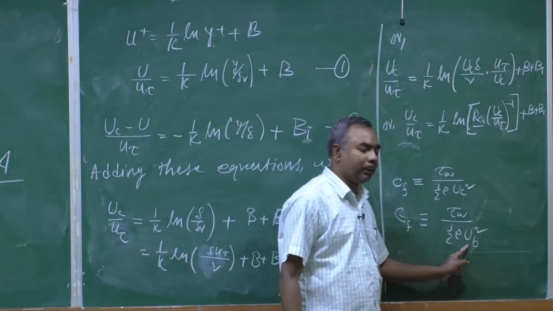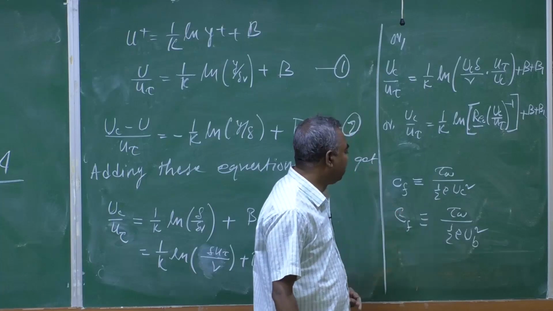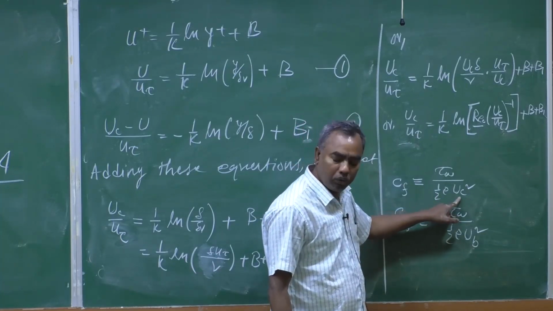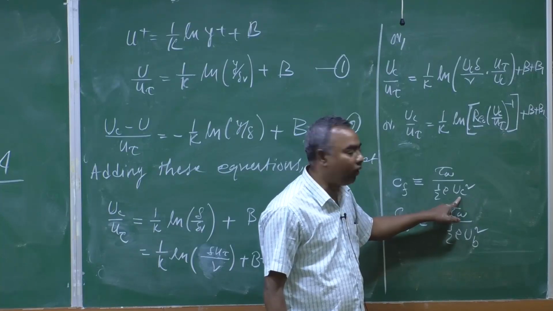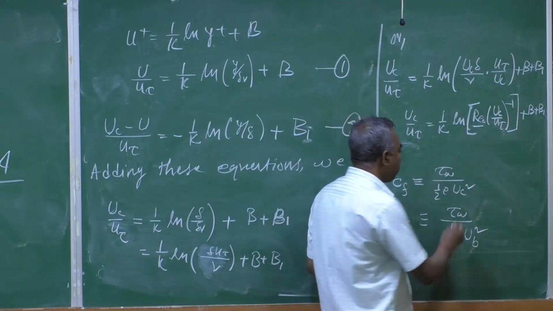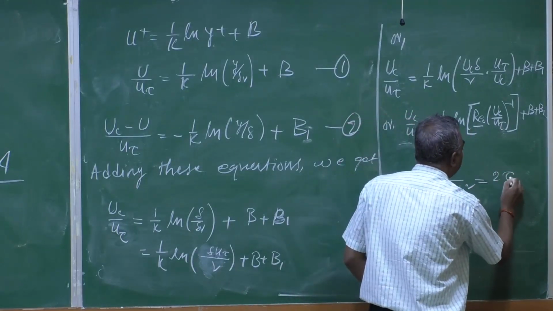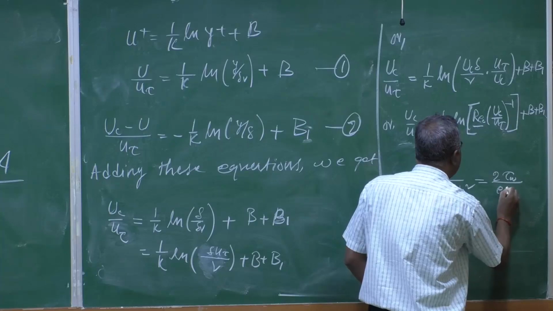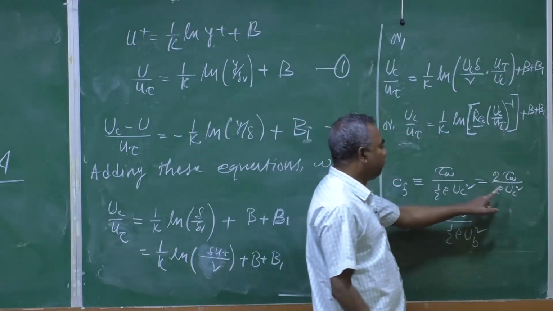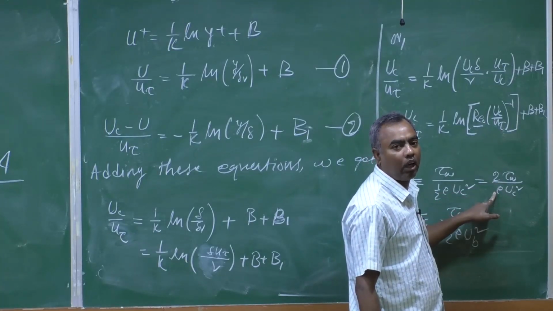Once we normalize by bulk velocity, this is what we call capital CF, and if we normalize by half rho centre line velocity, half rho u_c square, then this is known as small cf. So if we consider this equation, we can write twice tau_w by rho u_c square, where tau_w by rho by definition is u_tau square.